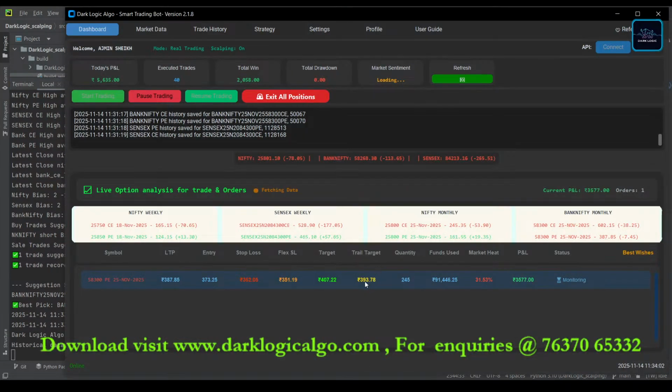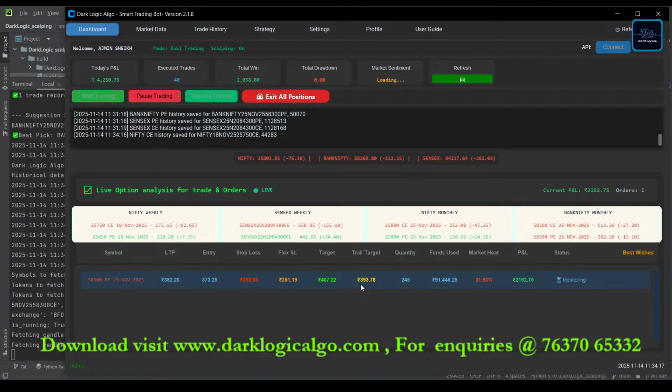Once the bot reaches the trail target, trail 393, it will automatically start trailing your position. That's why you don't have to worry after reaching the trail, because it will exit your position in profit.